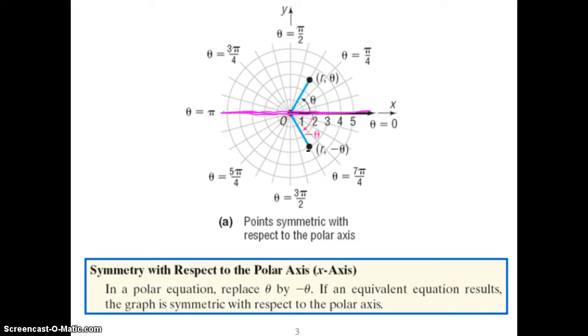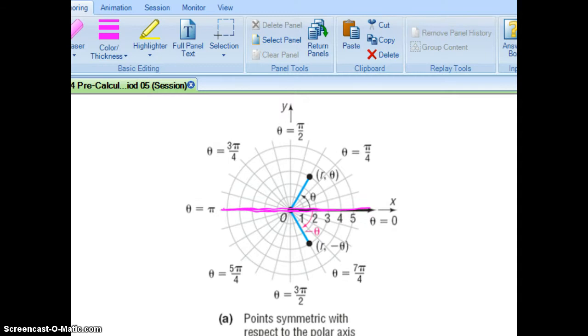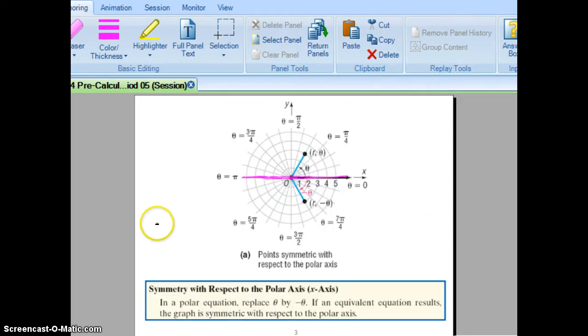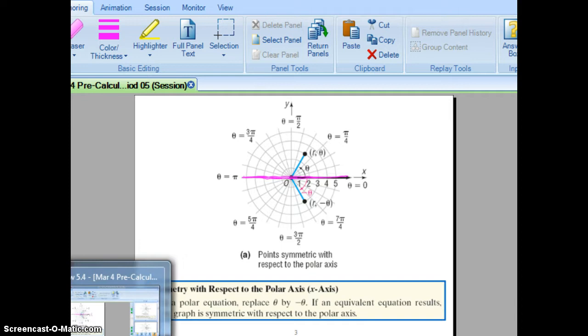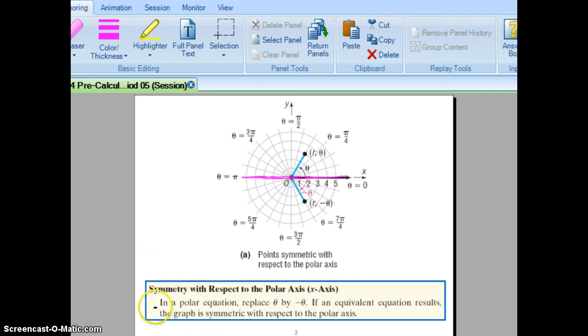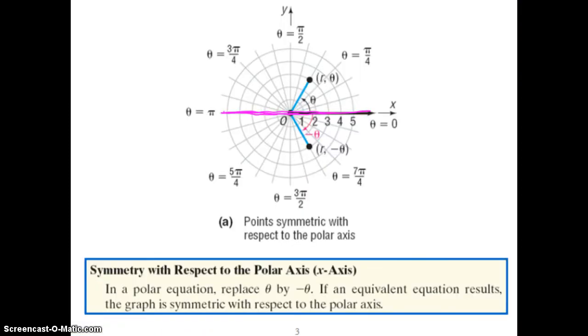You determine this by using this test where you replace theta by negative theta in your equation and simplify. For example, if we have the equation r equals 2 sine theta, and you're asked to test to see if that's symmetrical with respect to the x-axis, what you do is you plug a negative theta in for theta, r equals 2 sine negative theta, and then you simplify.